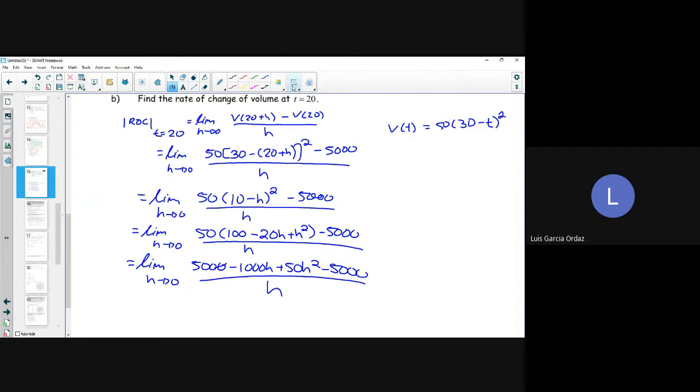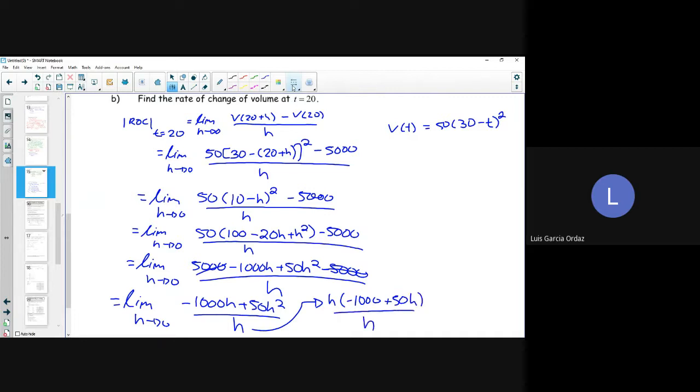And as you can see, my 5,000s cancel out, and I'm left with the limit as h approaches 0 of negative 1,000h plus 50h squared all over h. And you guys can probably assume that we are going to factor out an h. So we get h times (negative 1,000 plus 50h) over h. My h's cancel out.